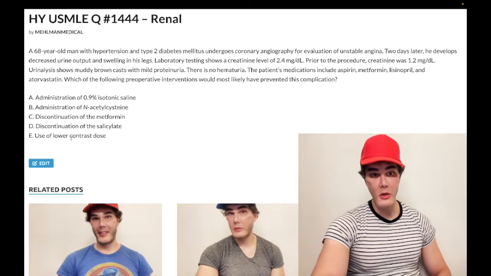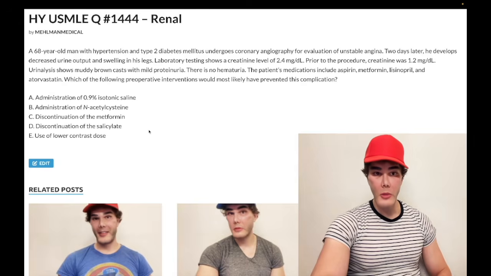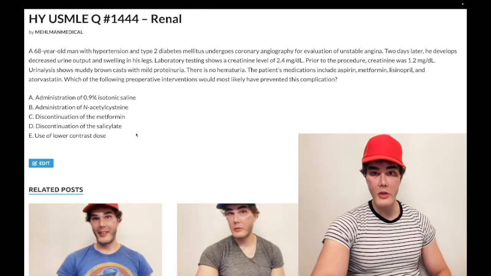Choice C, use lower dose of contrast. Wrong answer, even though some of you say, but wait, if we use lower dose, wouldn't we have a decreased chance of getting contrast nephropathy? Probably, but it's not like you're giving excessive dose of contrast to a patient when you do an intervention. You would use the minimum amount of contrast necessary to achieve the imaging you need.